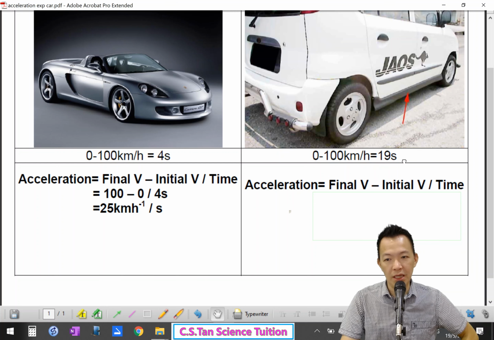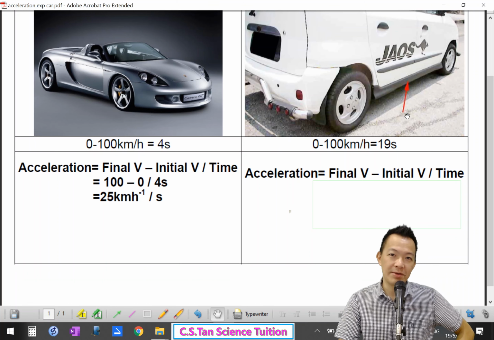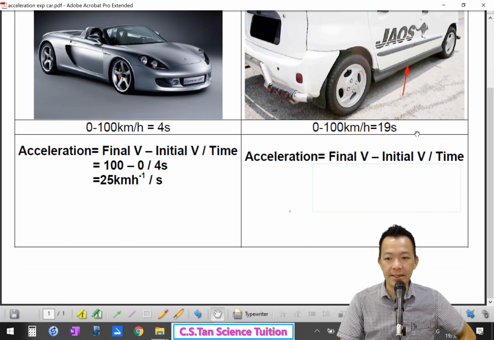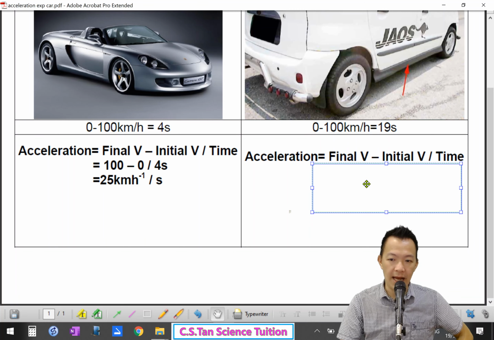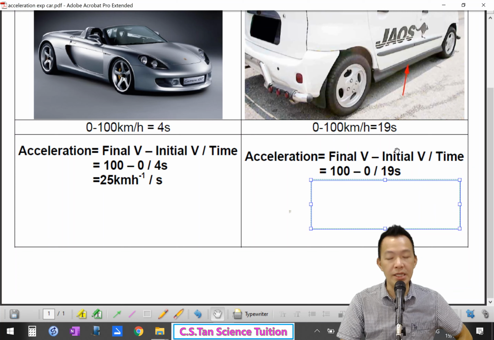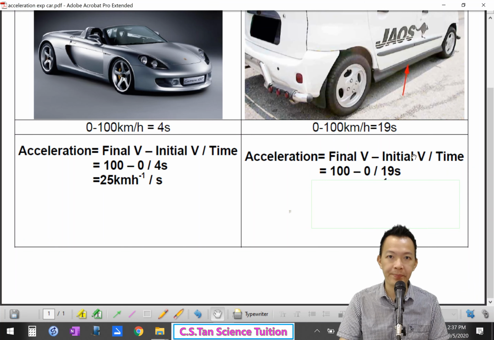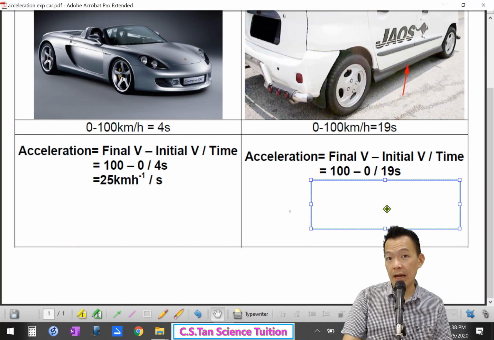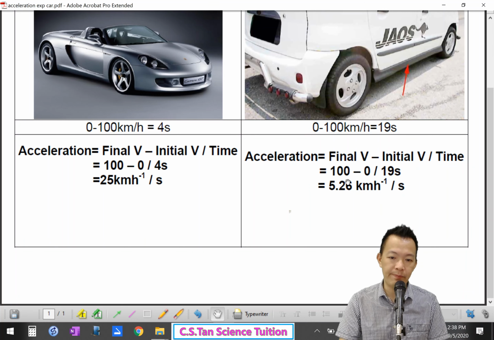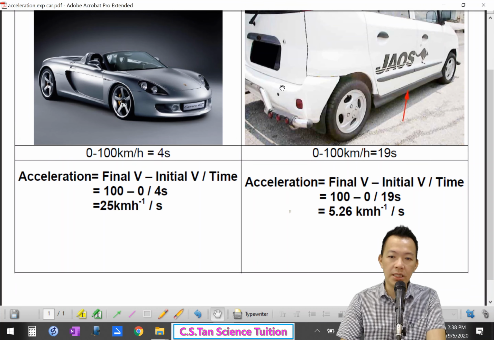Okay, 19.2秒 I tried before. 这种车刚好卖掉，现在我又买多一辆老的啦，不过美啦 Okay, 小辆很可爱。So how much is the acceleration for this car? 这辆车的加速到底多少呢 Final velocity 100, initial velocity 0, but it needs 19 seconds. 它需要19秒 Okay, so for this car how much is the acceleration? 它改变速度的速度是多少呢 5.26 km per hour per second. 1秒里面它可以改变速度 5.26 km per hour.